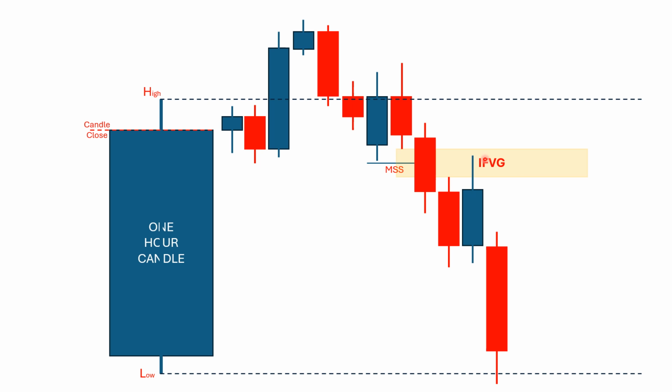And another thing, if you are trying to enter here, a late entry, make sure that between this high and that low, you are still in the premium. If you are taking a sell, you are still in the premium zone. Make sure price doesn't go below that equilibrium level. Because if it goes below that equilibrium level, you are not going to make a good trade.